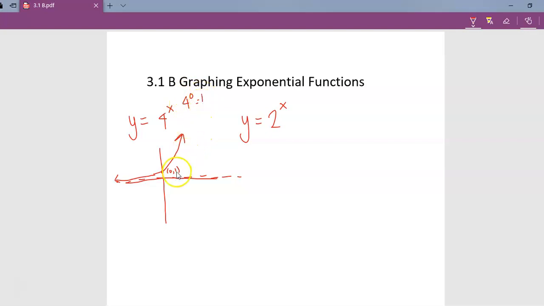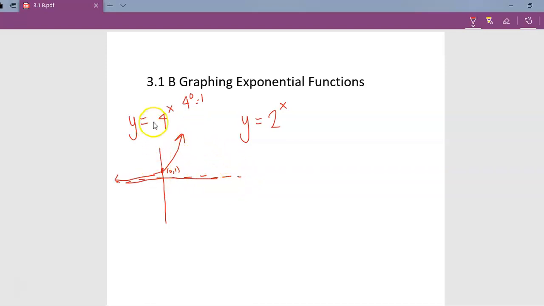Anything raised to the 0 power is always 1. So that's why these always cross at 0, 1, because no matter what the base number is, if I put the exponent at 0, the y value is always going to be 1. So it will always cross at 0, 1, and the horizontal asymptote is always going to be at 0.